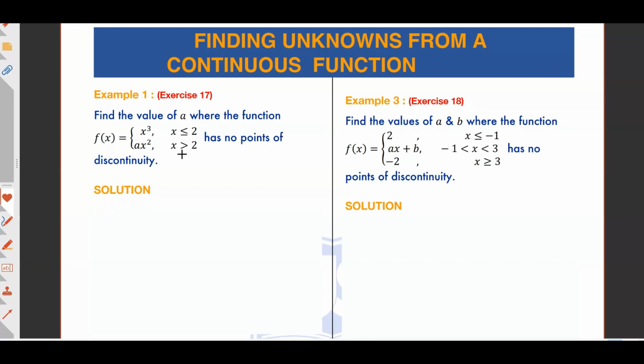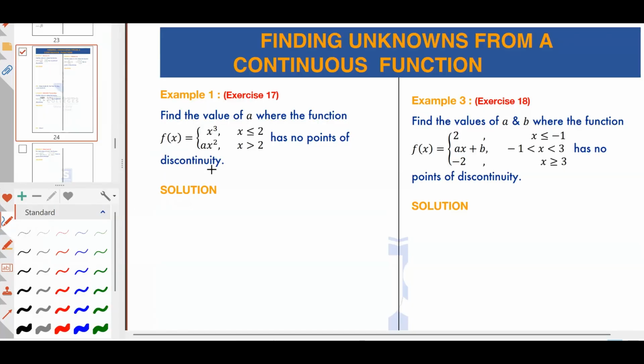The first type, you'll be asked to find A, only one unknown, if a piecewise function is given and you are told that there is no point of discontinuity. What do we learn about points of discontinuity of piecewise functions?